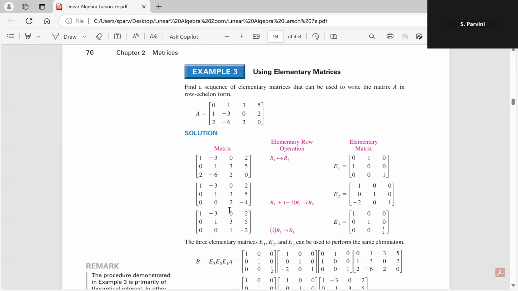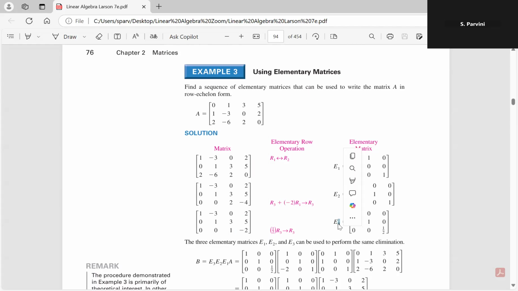What does he do? Oh, he's doing half times row 3. You see, it's 2, negative 4, row 3. He wants to get 1 here. This one. So he multiplies the third row times a half. And then this is the third row times a half of the brand new identity matrix.